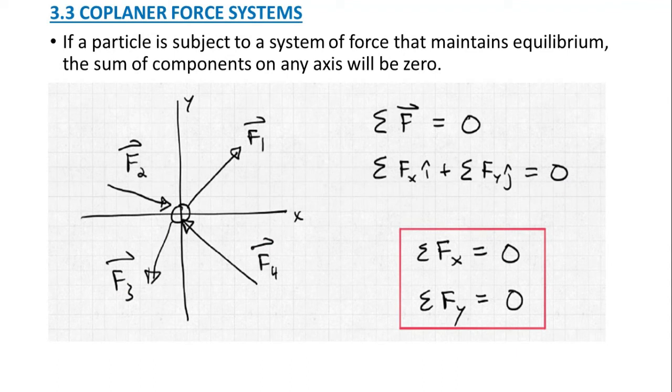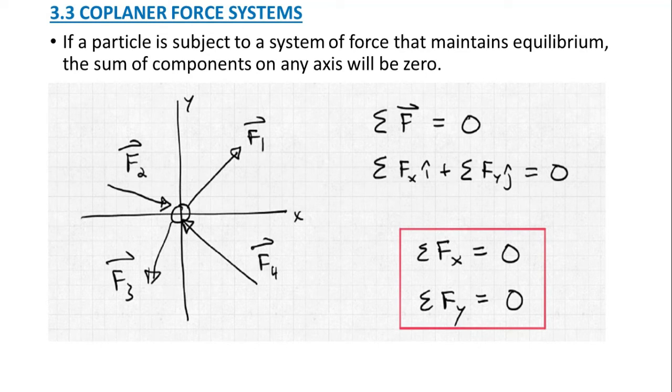Then we go to another system which is called the coplanar force system. What does this system mean? Coplanar means forces lying on the same plane. For forces to lie on a plane, plane means at least 2 coordinate axes.